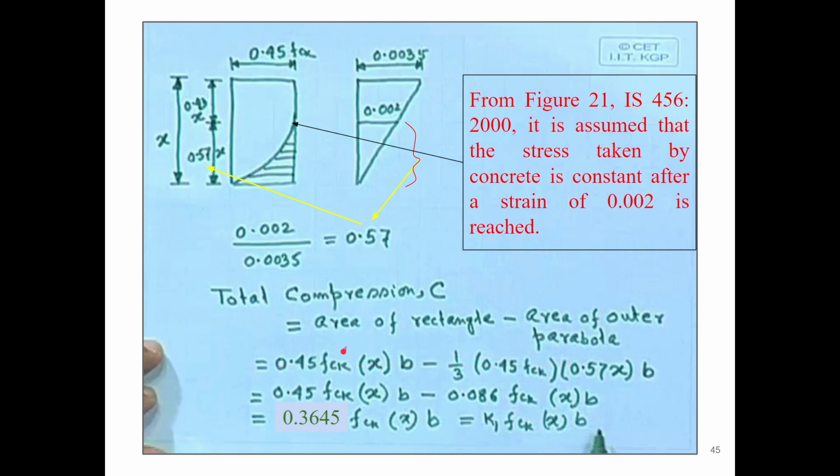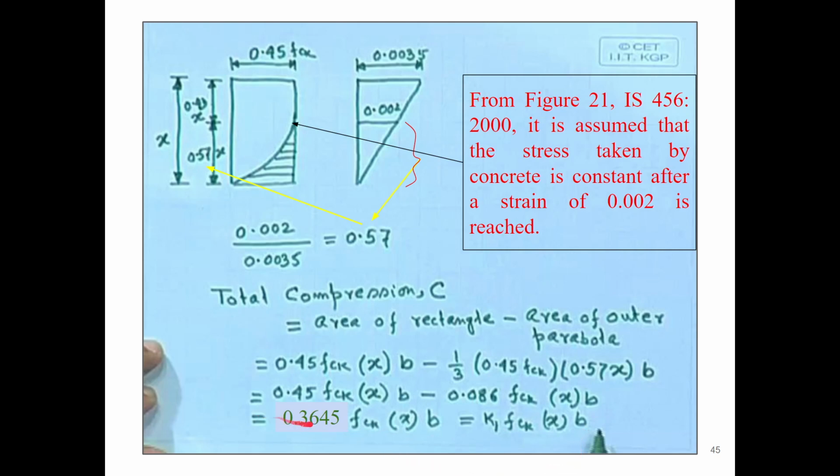Subtracting the parabola from the rectangle, we get 0.3645 fck x b, which we can write as k1 fck into x into b.